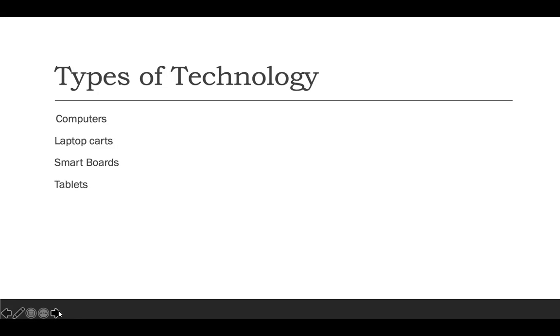So we're using it as smart boards, and SMART sometimes is an acronym as well. And then maybe some of your students didn't get laptops, maybe they just got tablets, or they have tablets at home. So these are, I think, the common types of technology out there for students in our classrooms, as we go through this time in a hybrid situation.